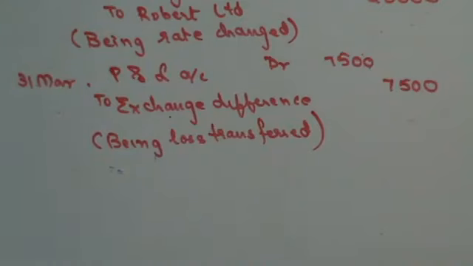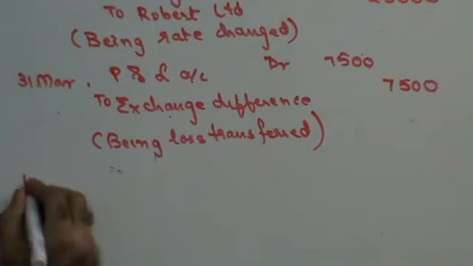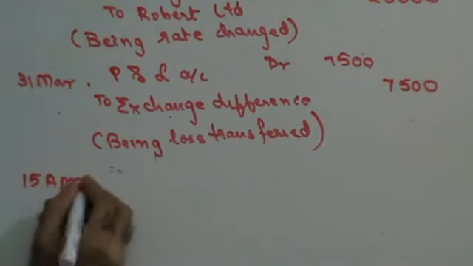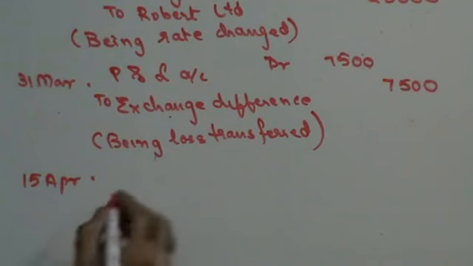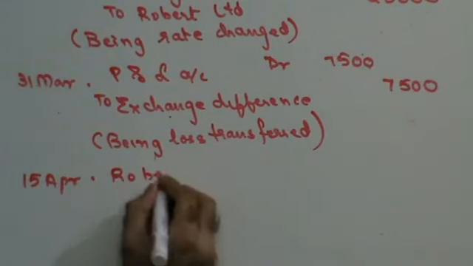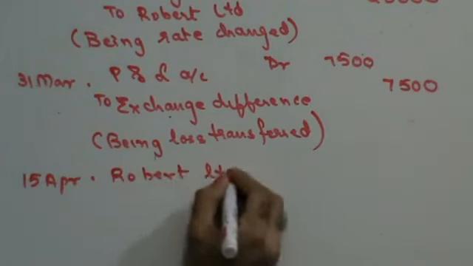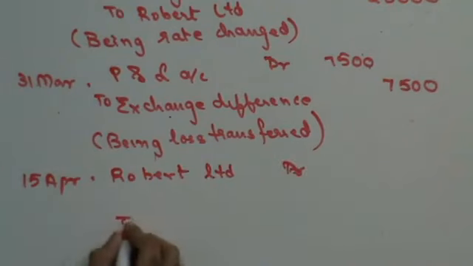Next, let's do the payment. Let's make the payment on 15th April in the next year. You're going to make your payment to Robert Limited, right? Debit the receiver, that is Robert account debit. You're paying through bank.